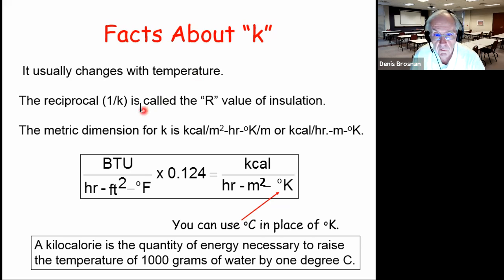The reciprocal of thermal conductivity is called the R value. So here we have inch-pound dimensions, BTUs per hour per square foot per degree Fahrenheit, and we can convert it easily to kilocalories per hour per meter squared per degree Kelvin. So that's about thermal conductivity. We know it changes, and we usually use the average temperature.